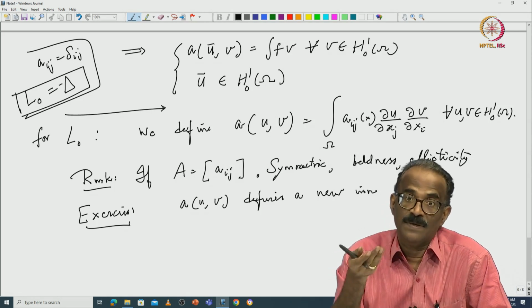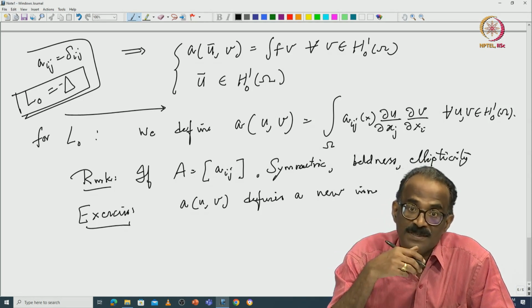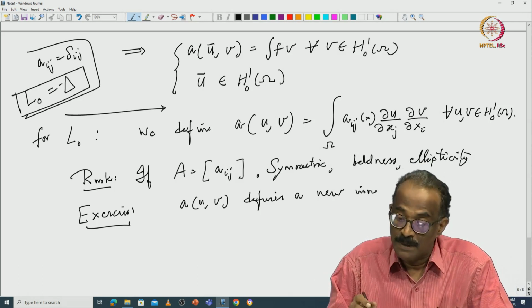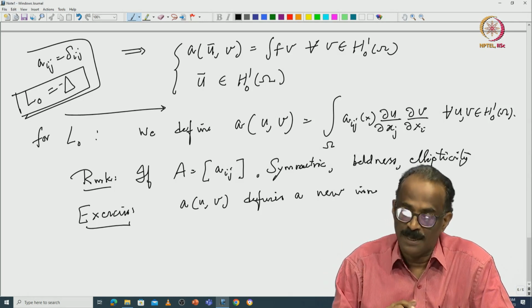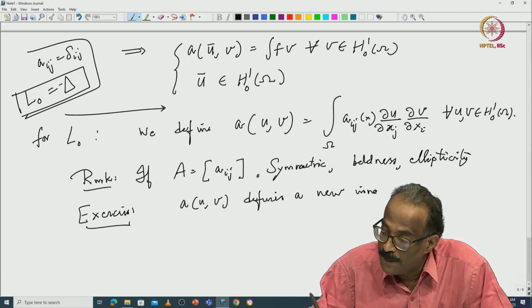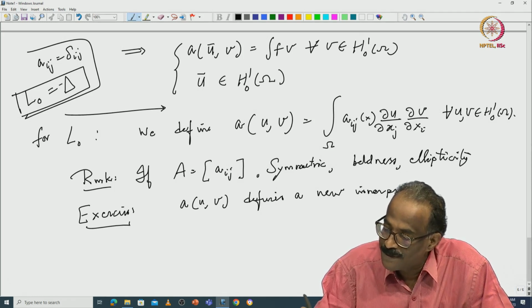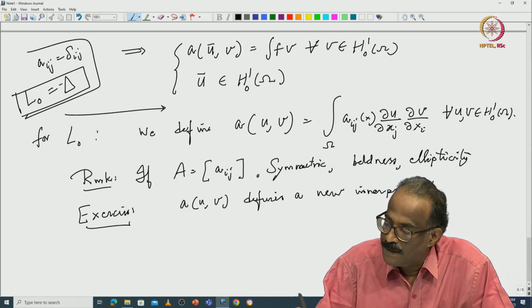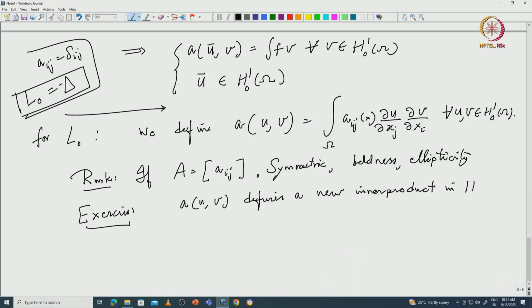So, it is an immediate application of your Riesz representation theorem, but when you have symmetry of A, it defines a new inner product in H1 of omega, which is equivalent, due to ellipticity, to the given inner product on H1 of omega.